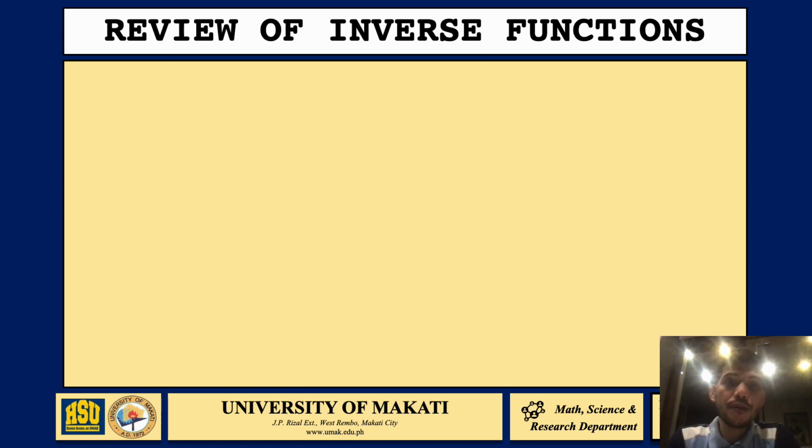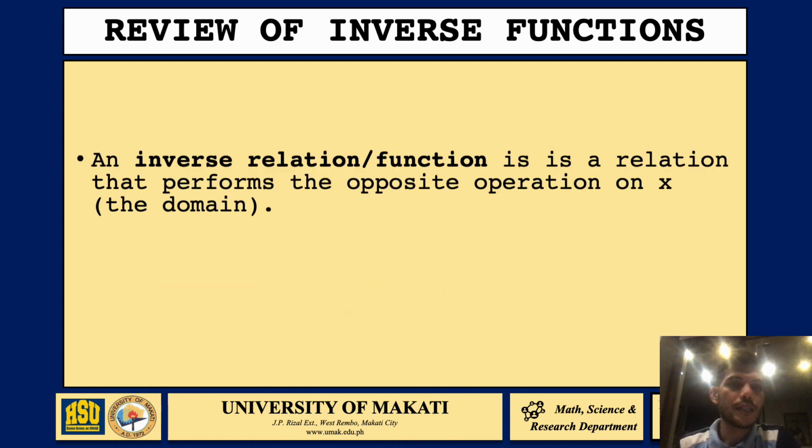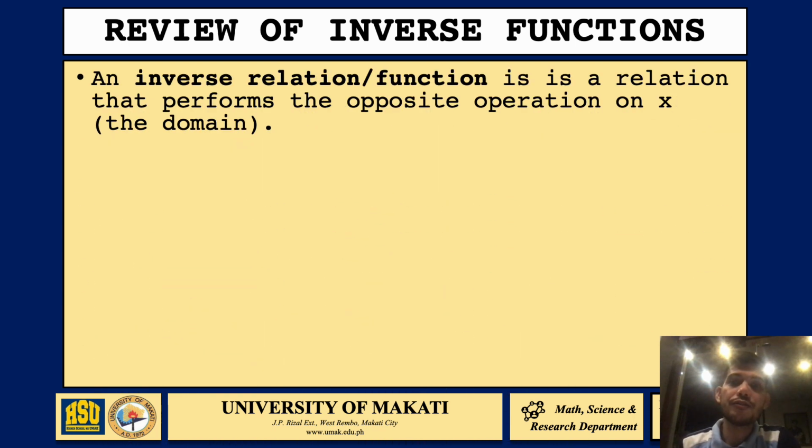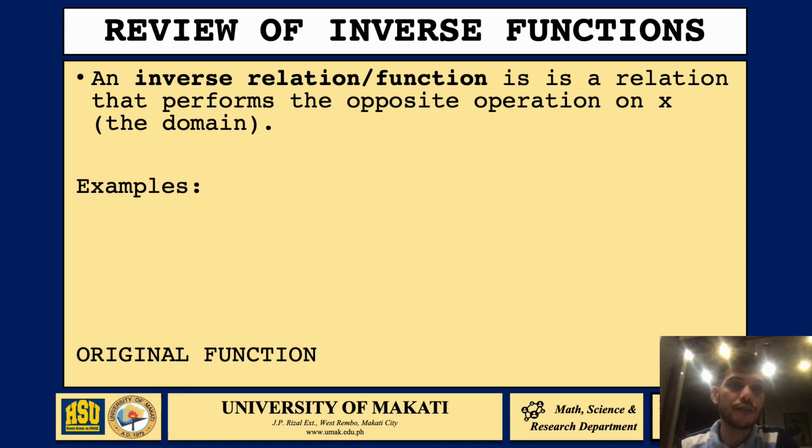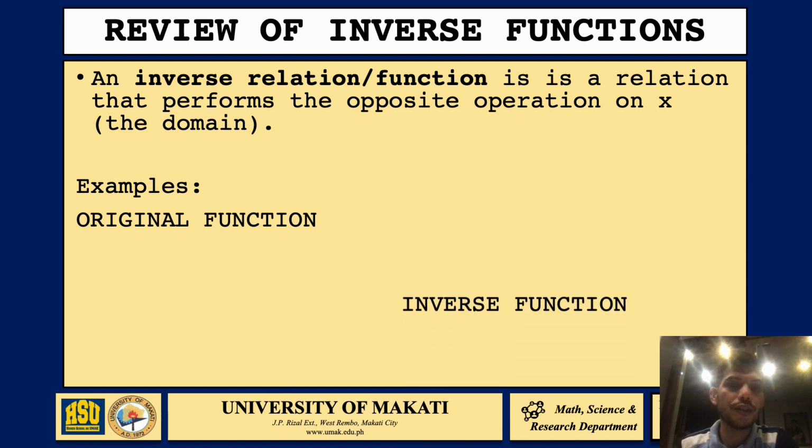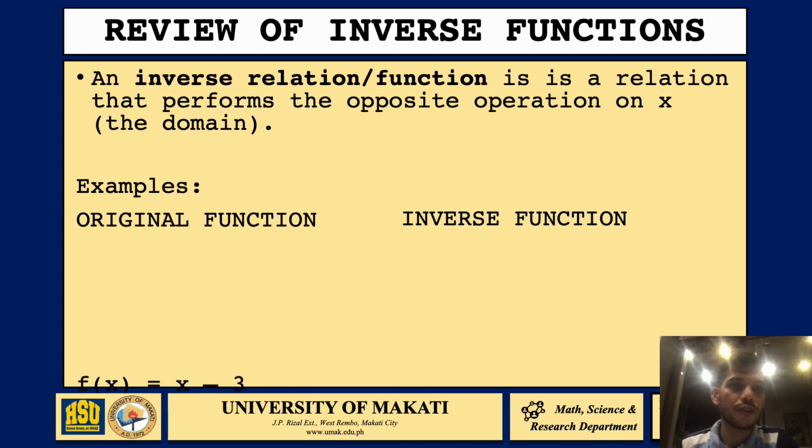Let us review what we have learned about inverse function. An inverse relation or function is a relation that performs the opposite operation on x, which is the domain. For example, the original function is f of x equals x minus 3.